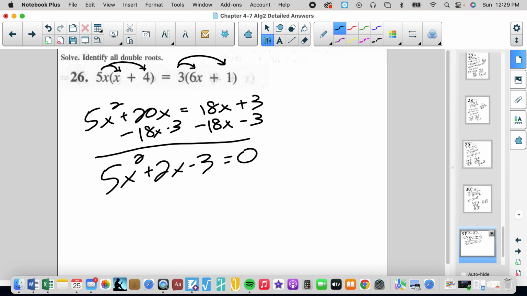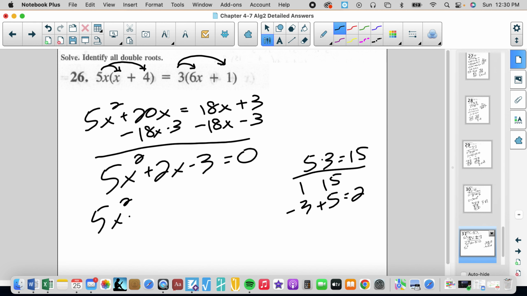When you get really good, you can look at that and find the factor pairs. 1 and 15, 3 and 5, signs are different. Bigger is positive. We get 5x squared minus 3x plus 5x minus 3 equals 0.